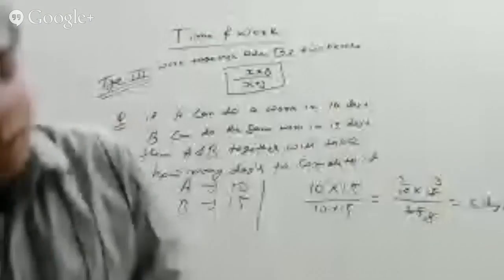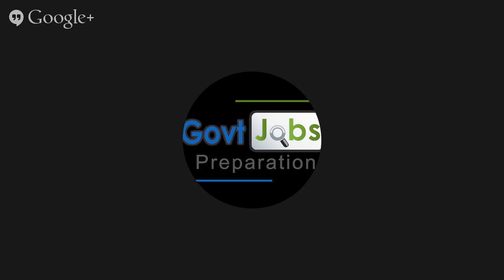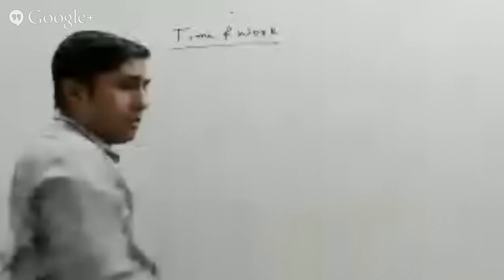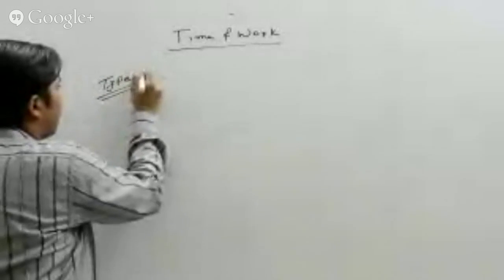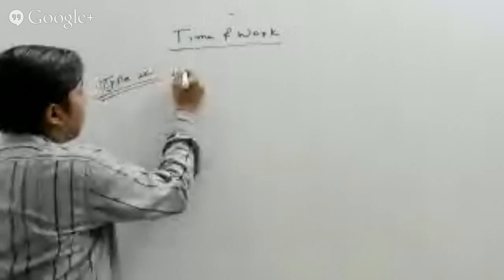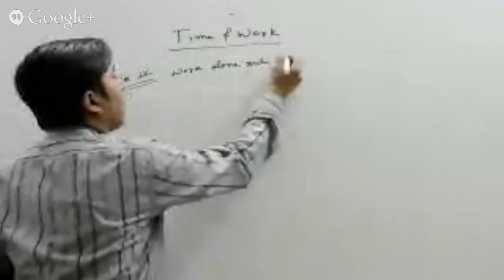Now, we will discuss the fourth type. Let us discuss type 4, which is the work alone rule by 2 people.